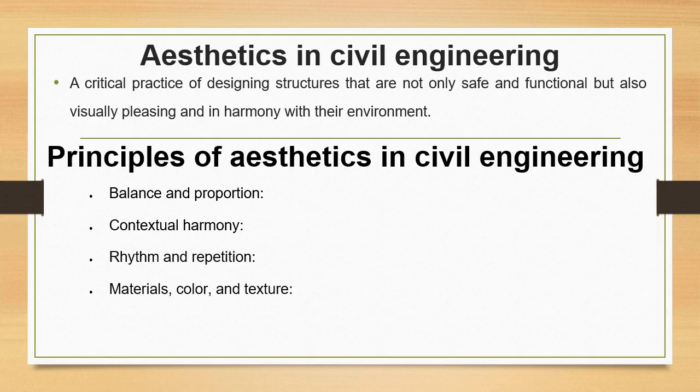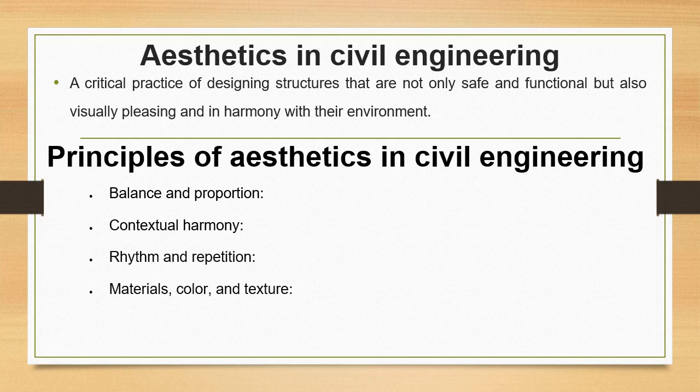Third principle is rhythm and repetition. That means repeating elements like arches, columns, or structural patterns can create a sense of rhythm and movement, which is particularly effective in long span structures like bridges.